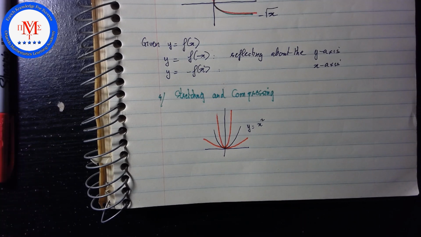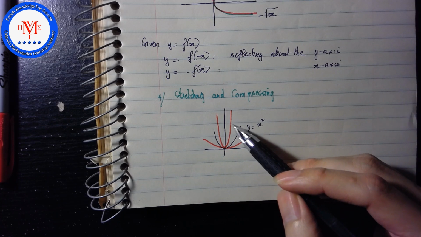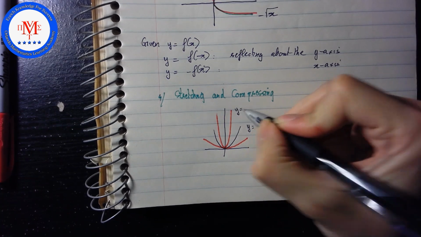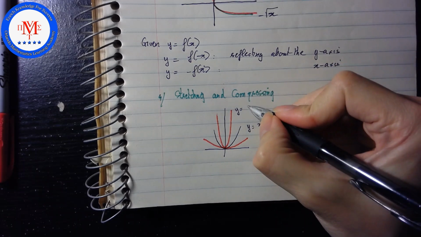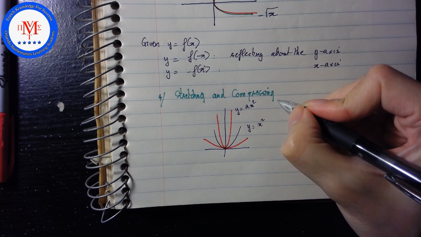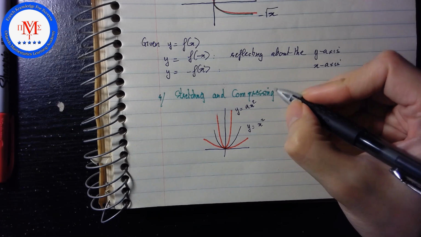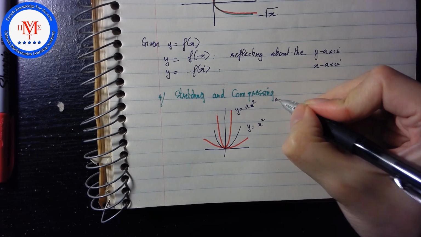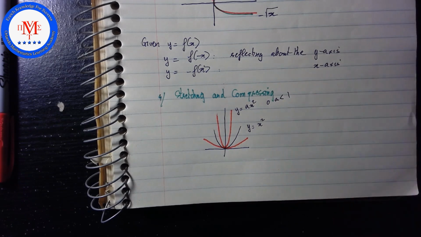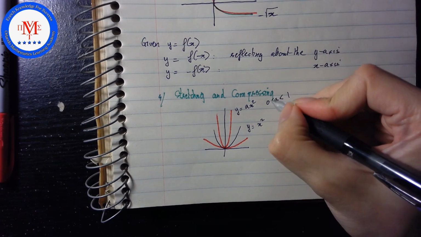So what do I do? In order to obtain this one, the new function must be in the form y equal to ax squared, with a between 0 and 1.